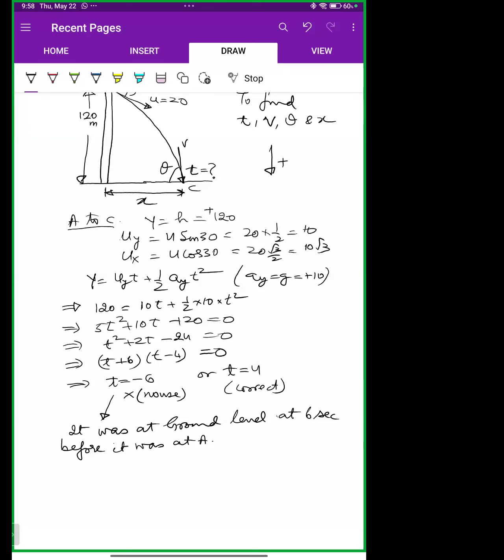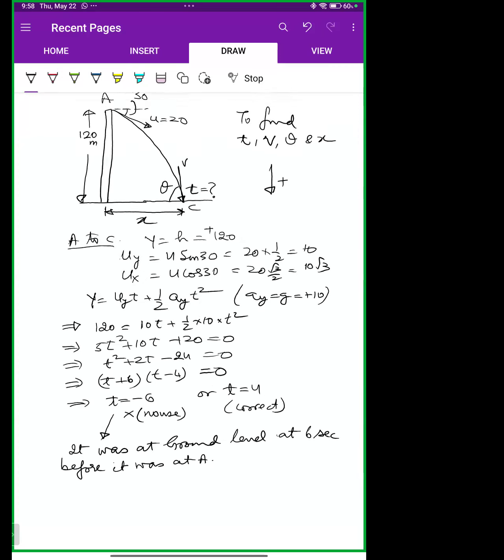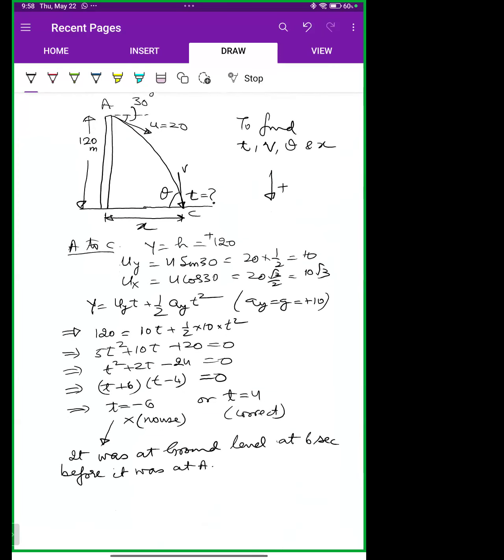Then V is equal to U plus AT. Leave that, it will become too cumbersome. Okay, come back. So one thing, T, we have got. Now X is equal to Ux into T. That is 10 root 3 into 4, 40 root 3, 69.2 meter.